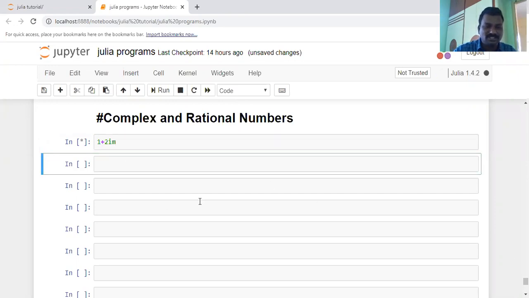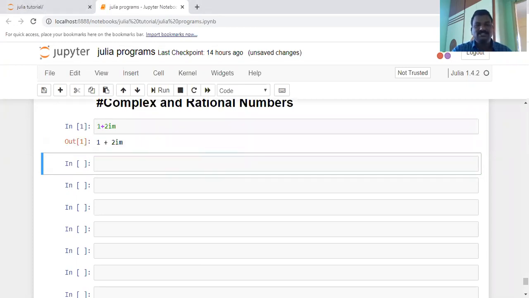If you execute this, it produces the result. Sometimes the complex number is written with a minus, and it will produce the result as 1 plus im instead of i or j. In Julia you use im for representing the complex number.